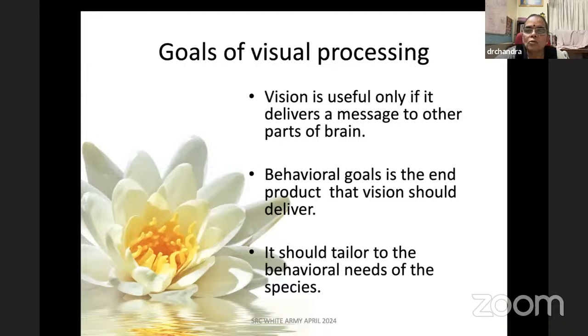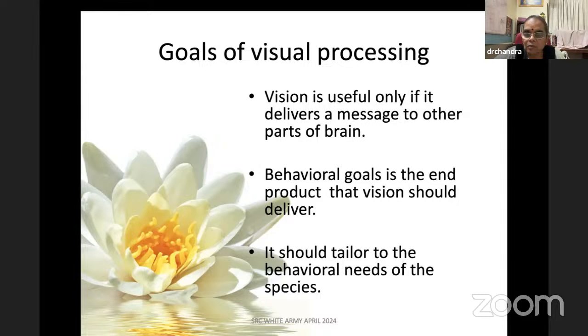And vision is useful only if it delivers a message to other parts of the brain. Behavioral goals are the end product that vision should deliver. For example, as I said, if you see a lion or tiger, we will not stand there. We will have to understand the danger behind that particular object, and take definite measures to escape.